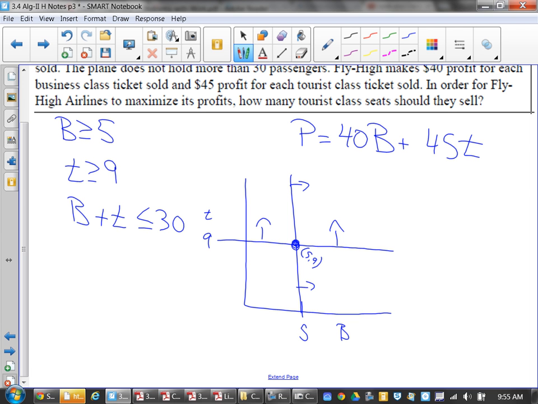Now the other thing is you have to plot out your intercepts for b plus t is less than or equal to 30. What are your intercepts? 30 and 30. And 0. It depends on how your scale was. You can get it pretty messy here.